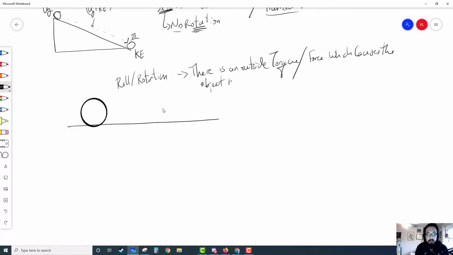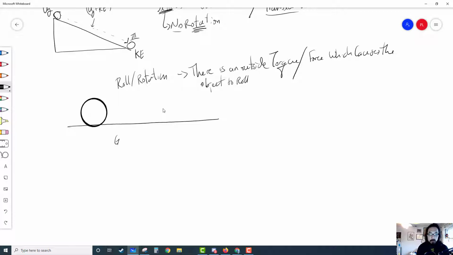the object to roll. Okay, so if this were a frictionless surface and this object were moving from side to side, it wouldn't roll, it would just glide, or it would just slide. Imagine a hockey puck on an ice rink, it would just slide, right? There's no rotation that is involved. But if there is a force of friction that is involved, the force of friction will help this object to roll.